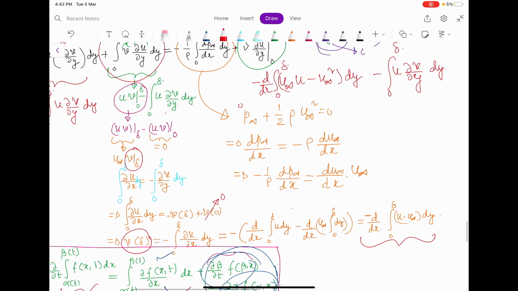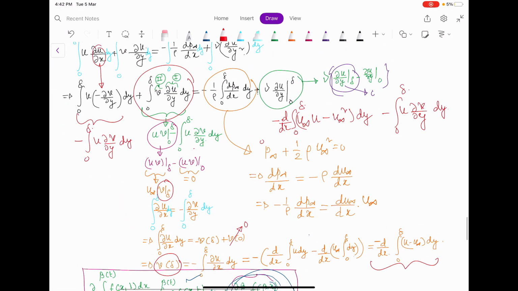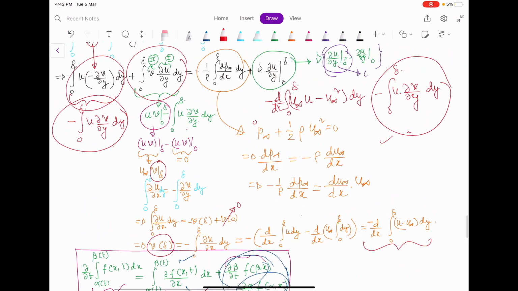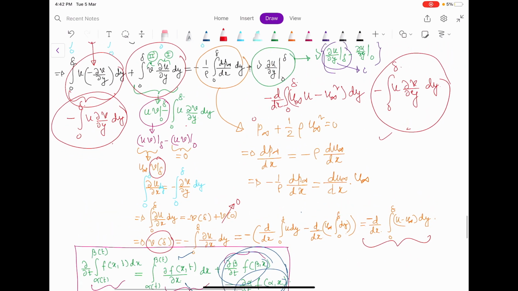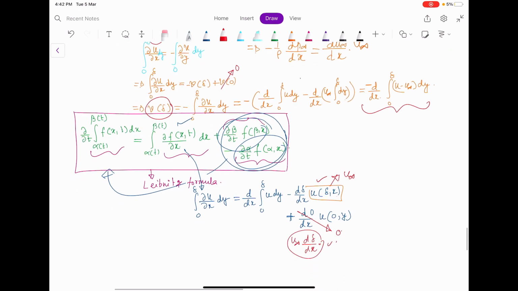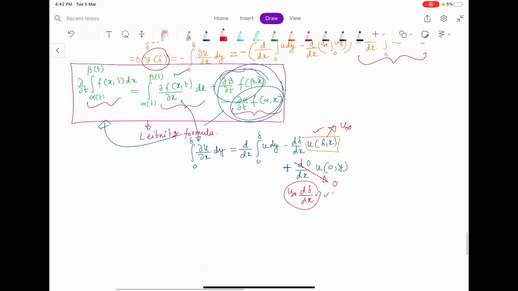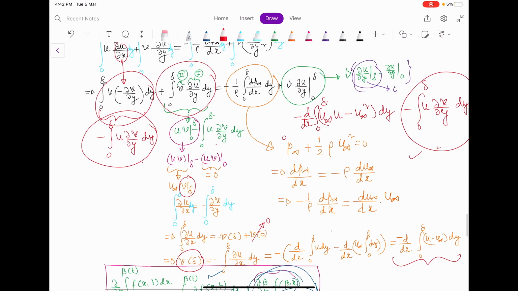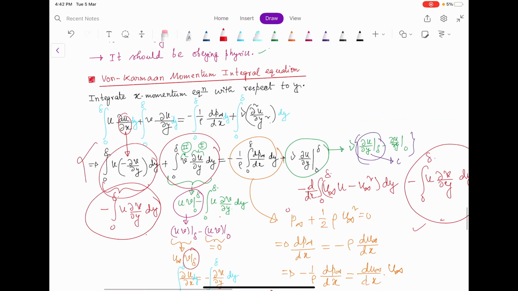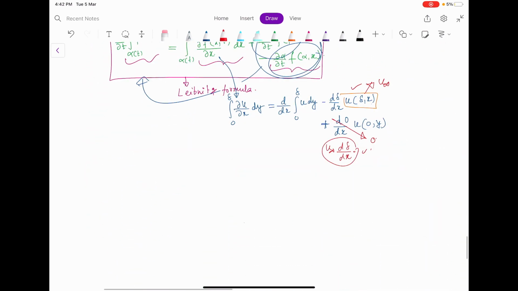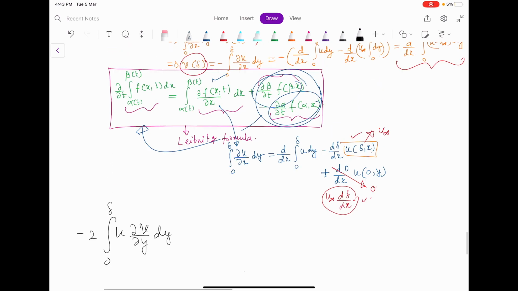Okay, so now see that this term here is same as this term, right. So then I can write, now this whole equation boils down to this total equation, okay. So this will be minus 2 into u into del v del y dy 0 to delta, right.